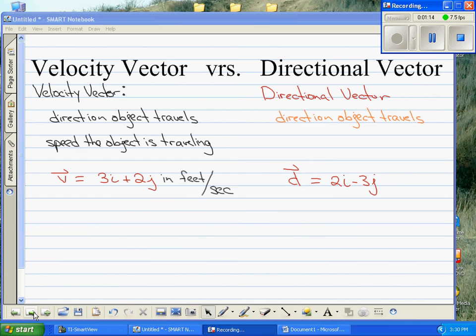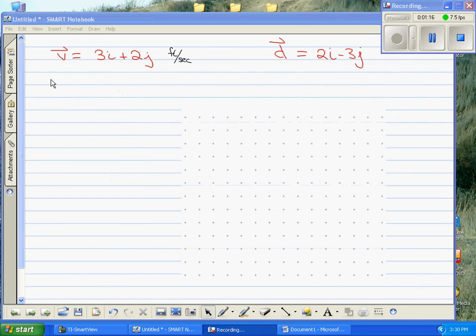Let's just see this pictorially. Now, vector v was the velocity vector 3i plus 2j in feet per second. Vector d was the directional vector 2i minus 3j. That's it. That's the direction I am traveling. The first thing I'm going to do is write vector v in its component format. All I do is write it as a matrix. I'll do the same with d.